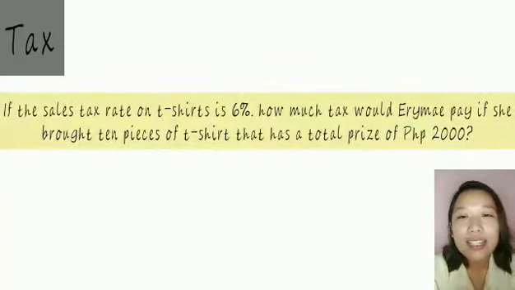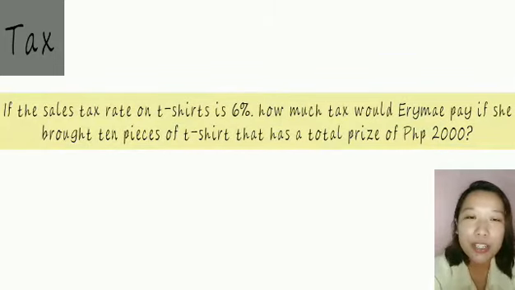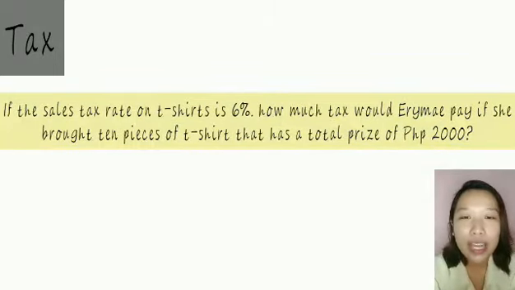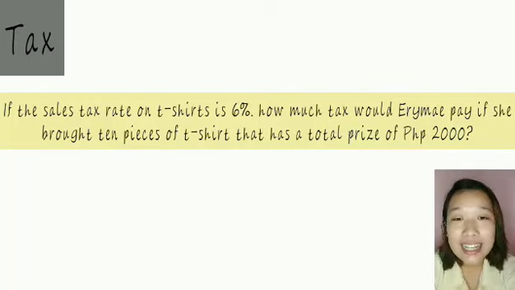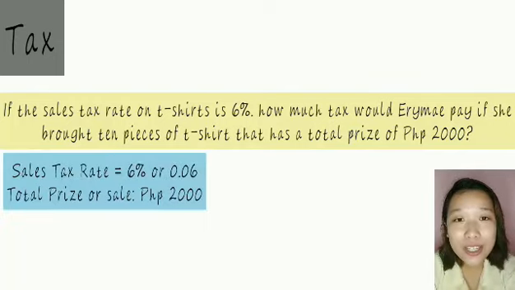Next is tax. So here's an example of tax. If the sales tax rate on a t-shirt is 6%, how much tax would May pay if she bought 10 pieces of t-shirts with a total price of 2,000? The sales tax rate is 6%. We change it into a decimal, so it becomes 0.06.